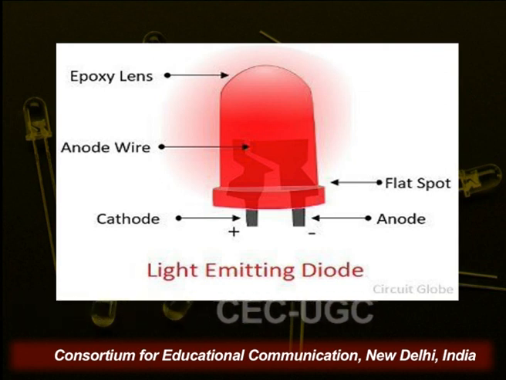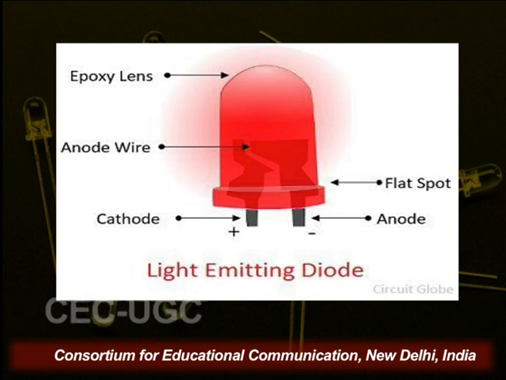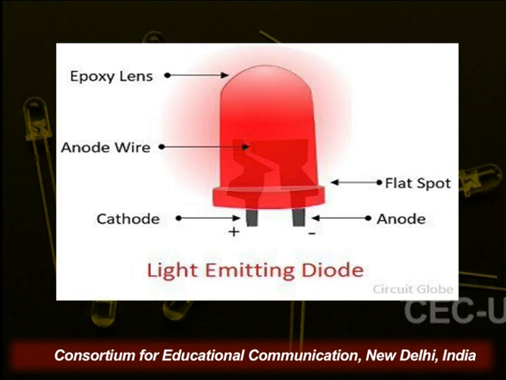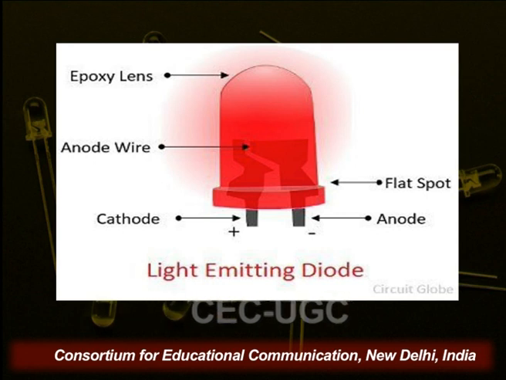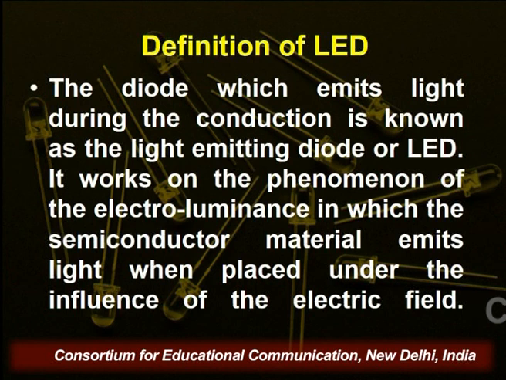You see on the screen that the LED has an epoxy lens that covers the anode wire and cathode wire. Positive and negative terminals are here, and here is a flat spot on the LED. You can clearly see there are two points, one is the cathode and one is the anode. When the electric current is passed, it emits light, so it is an LED.